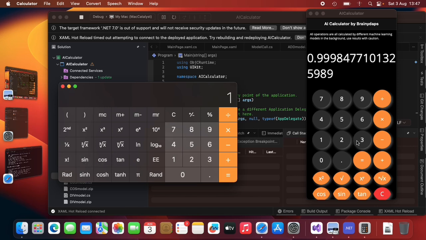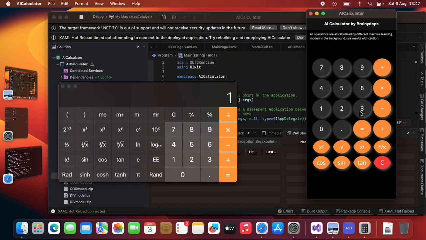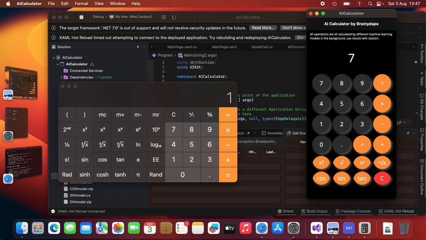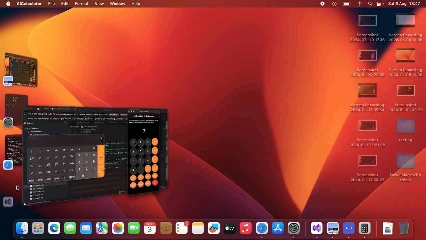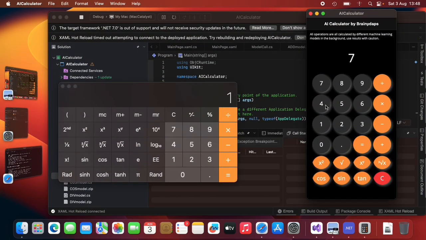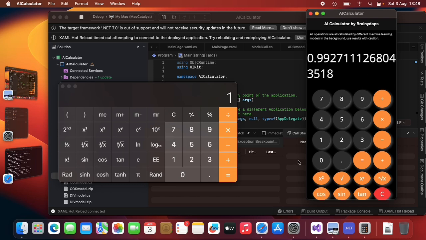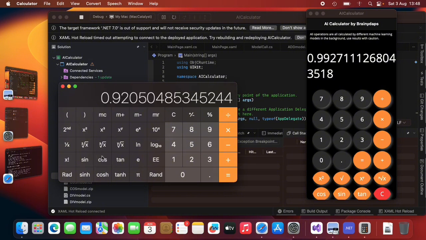Now let's try another one. Let's try cos 743. Cos 743 is also 1. Yes, which is very close to 1, which is very accurate.